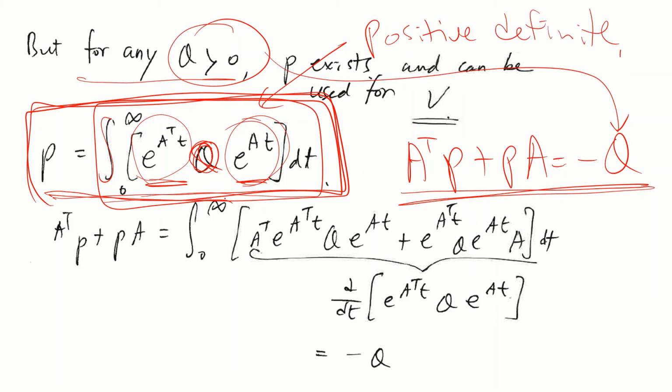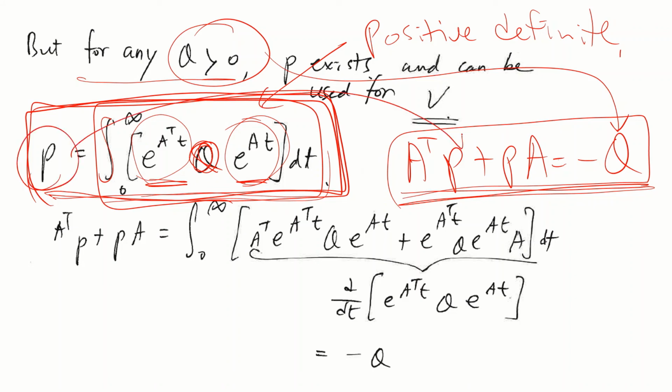And why is it the solution of this Lyapunov equality? You can directly plug in this P here and here to check this is true. A transpose here and P is an integral, so that's why you have the integral of e to the A transpose t, Q, e to the A t.